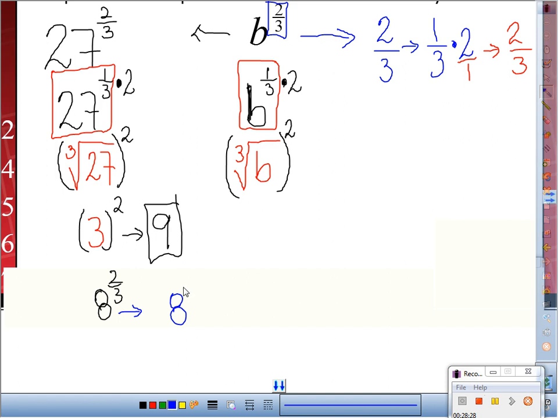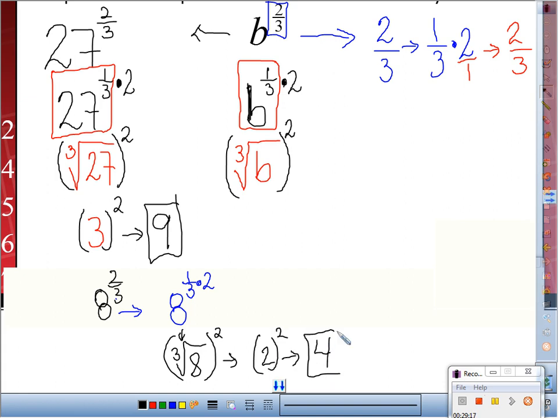Okay. Yes, go. 1/3 times 2. Next. Yes. And then you put cube root 8, cube root of 8 times to the 2nd power. This is 2 to the 2nd power, which is, hands if you got 4.